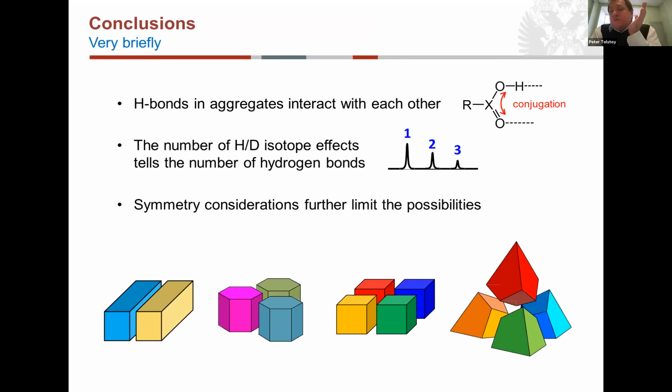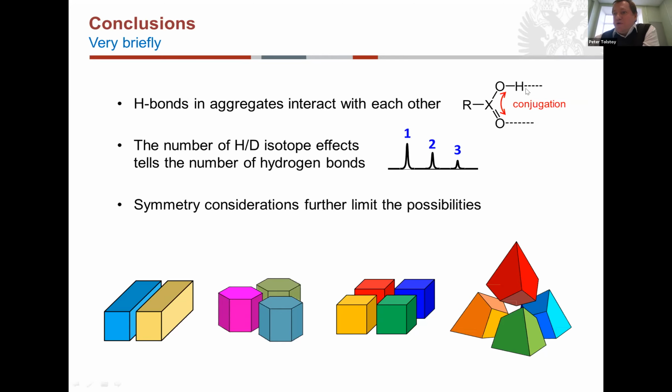So here are my three main conclusions that I want to drive home with this presentation. First of all, in self-associates of organic acids, hydrogen bonds interact with each other, and the reason for this interaction is the conjugation of bonds in between proton donating and proton accepting sites.